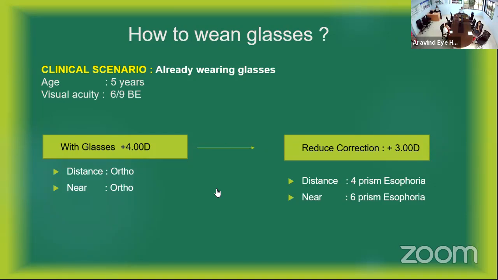If you further reduce the glasses, the phoria will increase and become a tropia. So with this correction, when you see that it has become a phoria and the vision is also good, then you reduce the glasses and give it to the patient. So this is how we wean the glasses in case of a refractive accommodative esotropia.